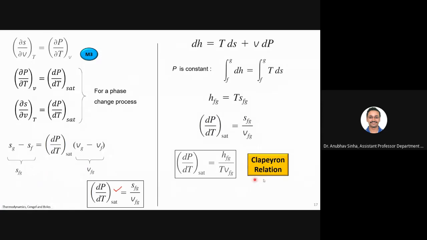Here we have written fg for liquid and vapor, but we can write it for any phase change process. Let us say there are two phases, 1 and 2. This is just the general form of this equation. Instead of writing f and g, I can write 1 and 2. We are talking about two phases. That's what this plot says. So this is Clapeyron.